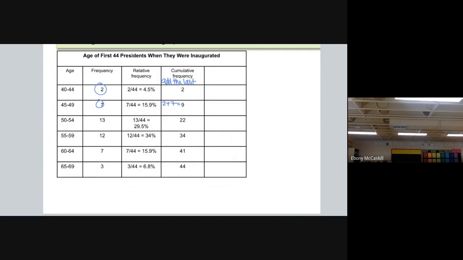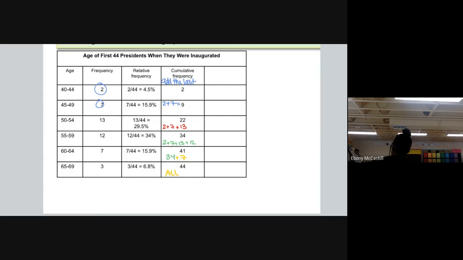Next, 22 came from 2 plus 7 plus 13. 34 came from 2 plus 7 plus 13 plus 12. 41 came from 34 plus 7. And then 44 is all of them. That is my cumulative frequency.